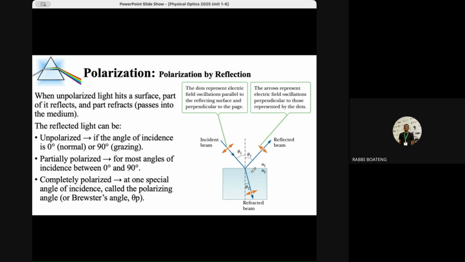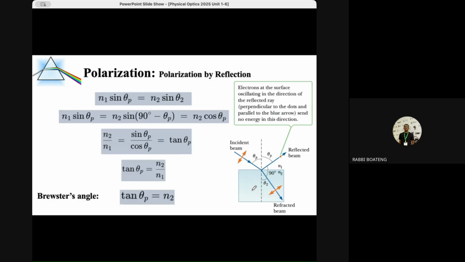Then we have to know that the angle of incidence is the same as the angle of reflection, but it's not the same as the angle of refraction, because that depends on the density of the medium, or how well the medium lets the beam move close to or away from the normal.